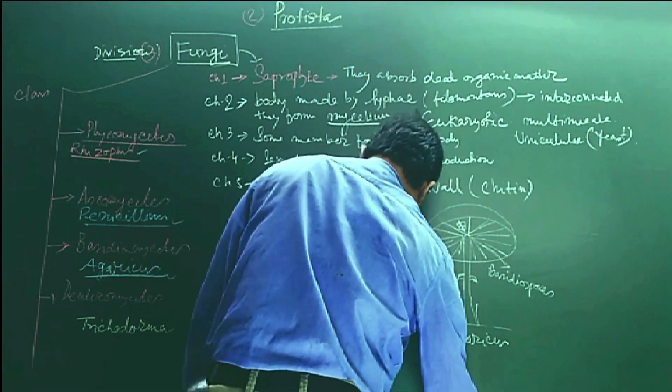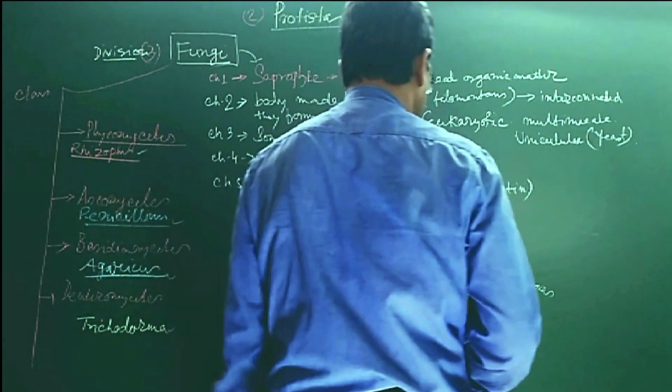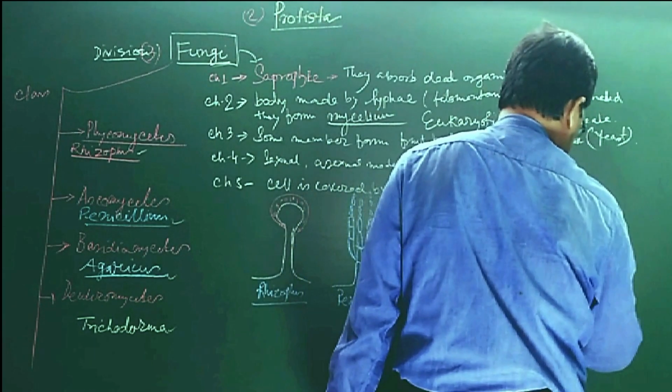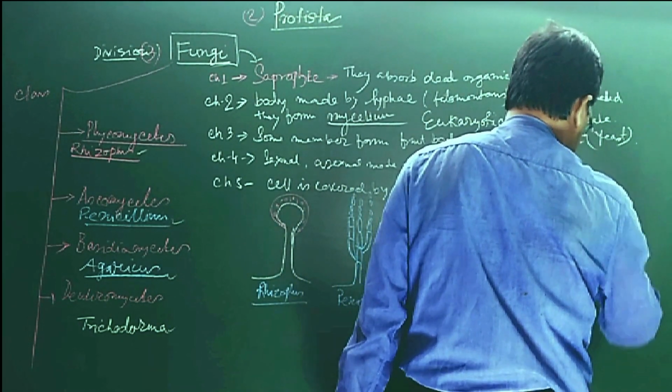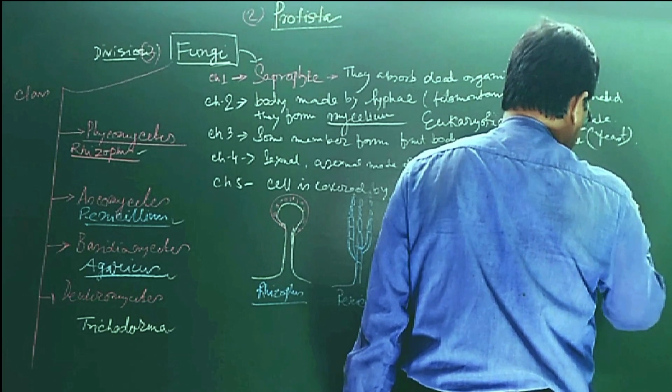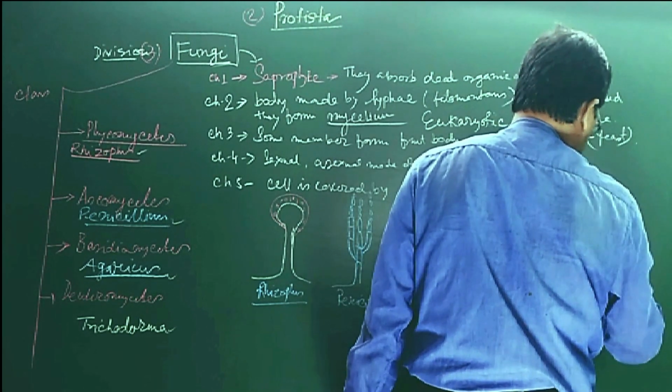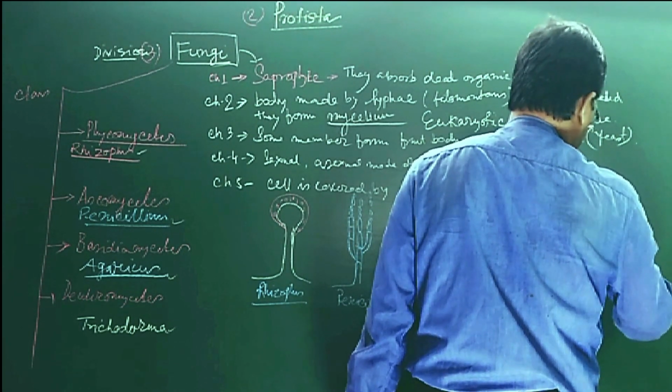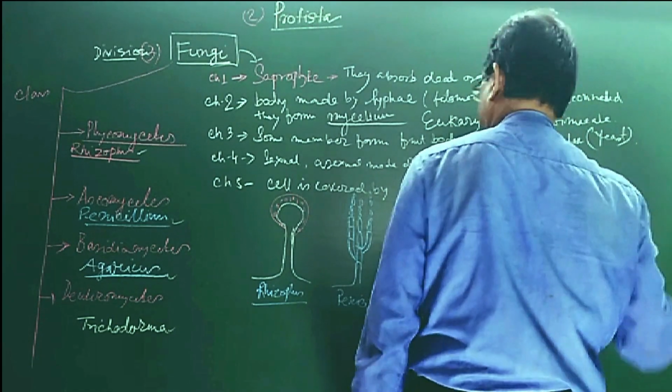And the 4th member is Trichoderma. It has no specific sexual reproductive structures.